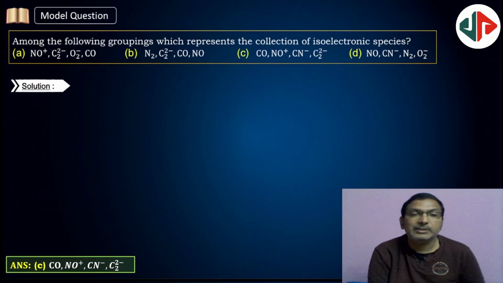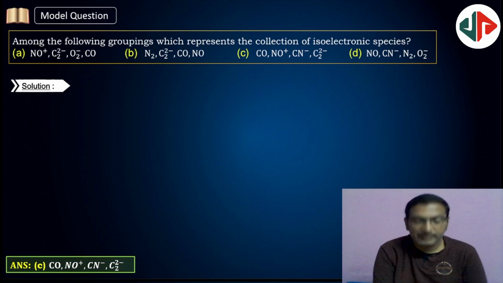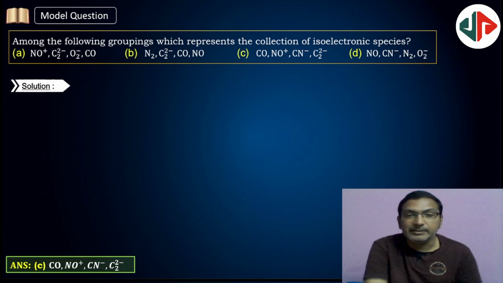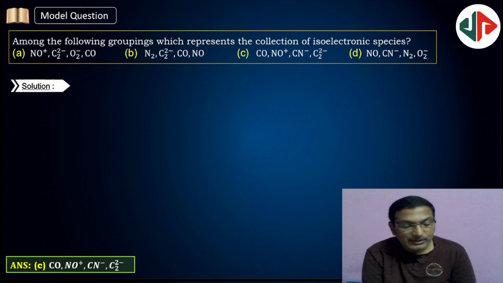It is the first question. Among the following groupings, which represents the collection of isoelectronic species? So what are isoelectronic species?